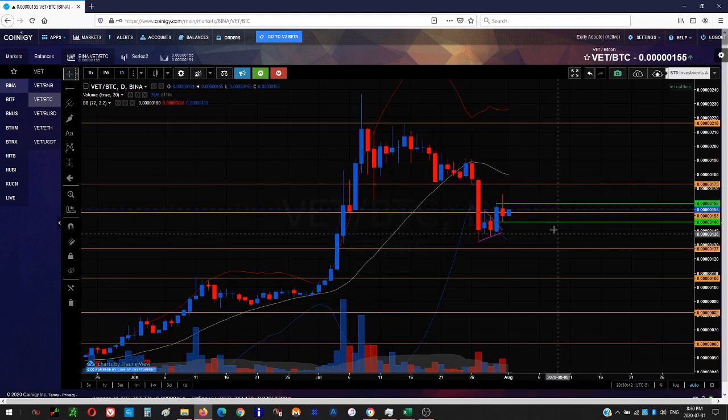Do you have to buy here? No. This wick's probably going to offer some weakness, so it is a retest of that support. You can wait and see what happens. But before it retraces, it's very likely to come up into that wick, and/or test this before you get more weakness.